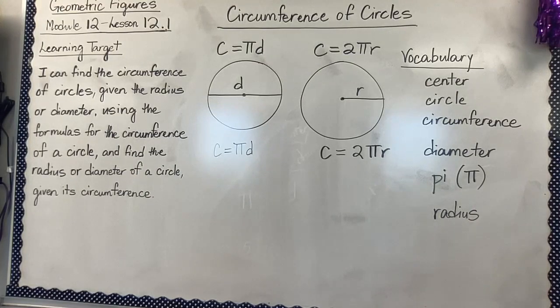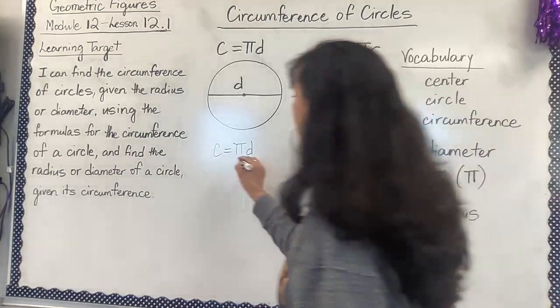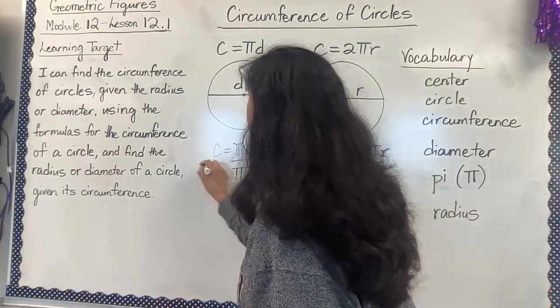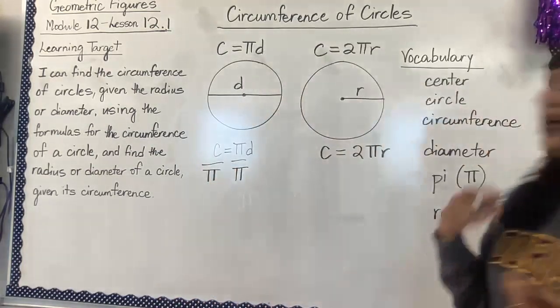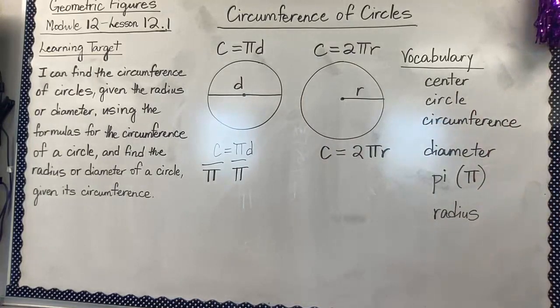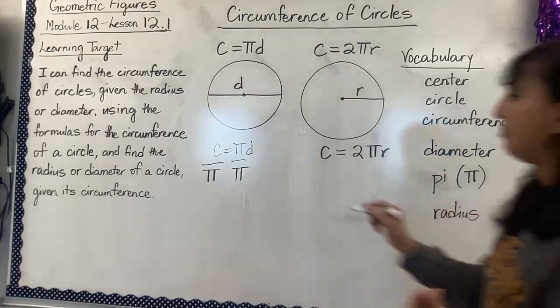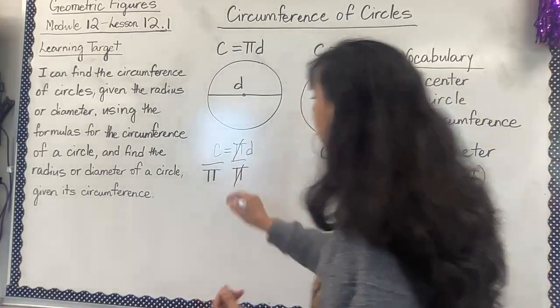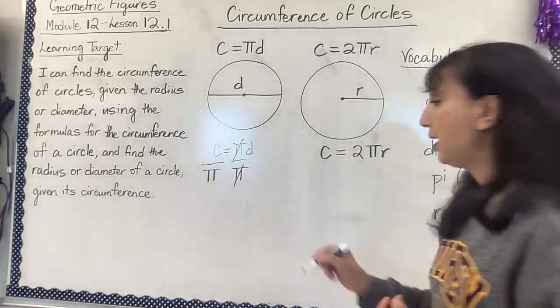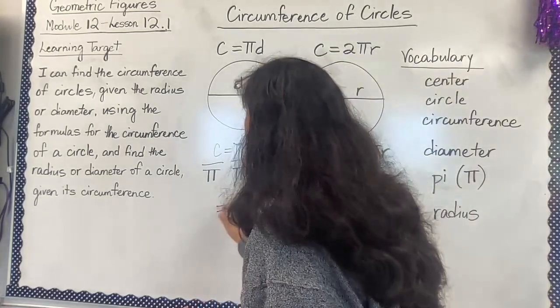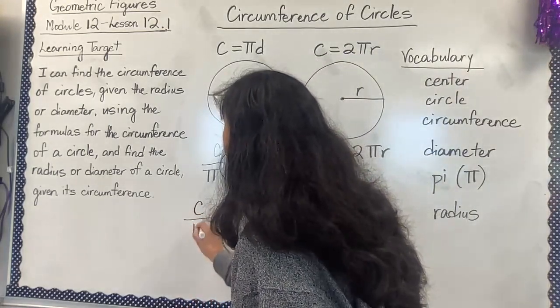In order to find the diameter, I am going to use the division property of equality. I am going to divide both sides by pi, because whatever I do on one side, I've got to do exactly the same thing on the other side of the equation. I'm left with this, and this cancels each other out. I get 1. And so D is equal to circumference divided by pi.